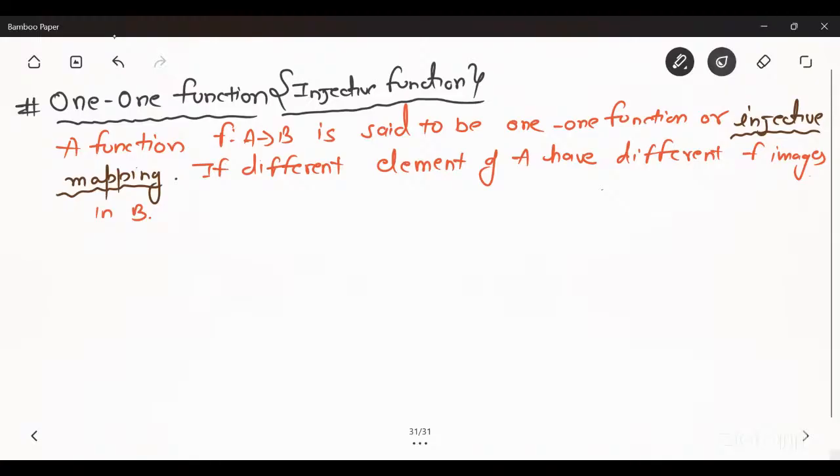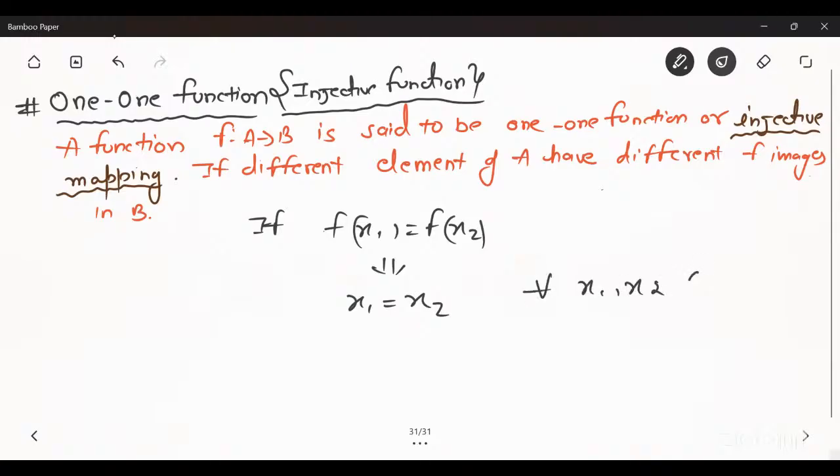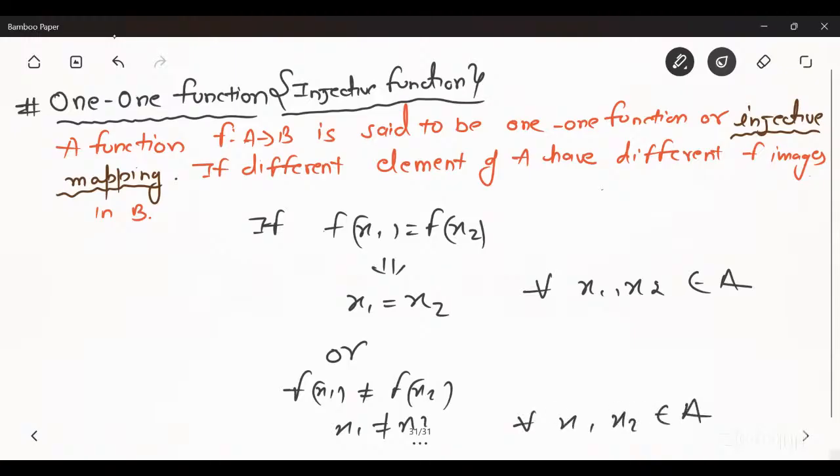If f(x1) is equal to f(x2), then x1 equal to x2 for all x1, x2 belongs to A, or you can say that if f(x1) does not equal f(x2), then x1 does not equal x2 for all x1, x2 belongs to A. So that was your one function.